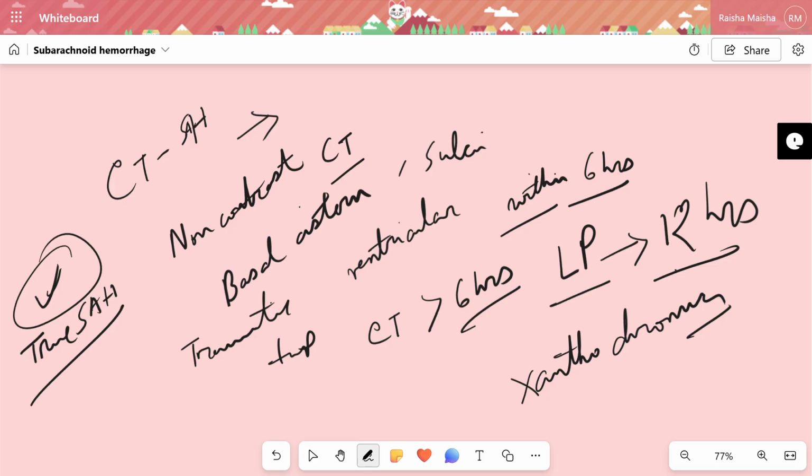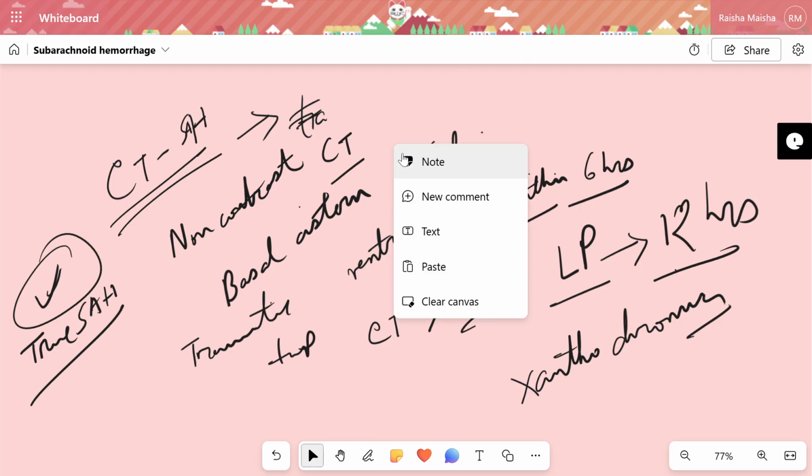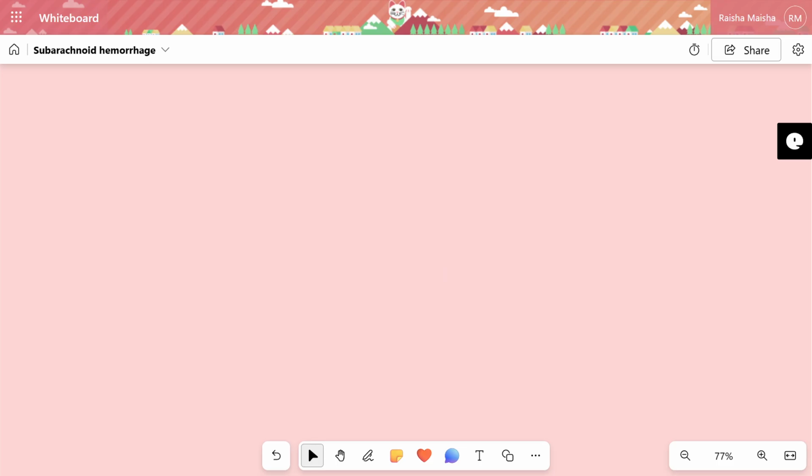After spontaneous subarachnoid hemorrhage is confirmed, that means it is not due to trauma, the aim of investigation is to identify the causative pathology that needs urgent treatment. So our aim is to investigate to find out the pathology.